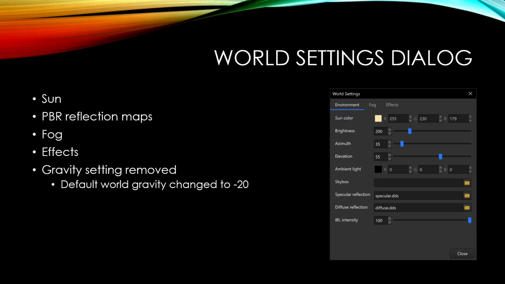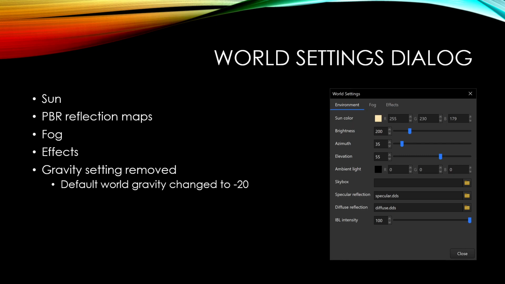So, the world settings dialog, this is new. The way that we're treating directional lights in the editor is different now. The editor just handles a single directional light called the sun, and instead of treating this as a normal entity that you create, it's settings that you set in this world settings dialog.